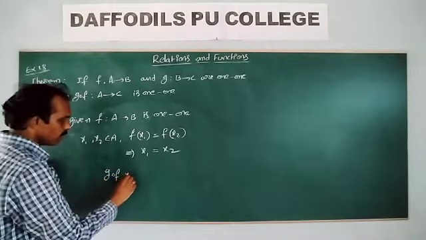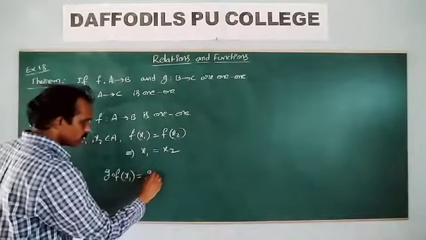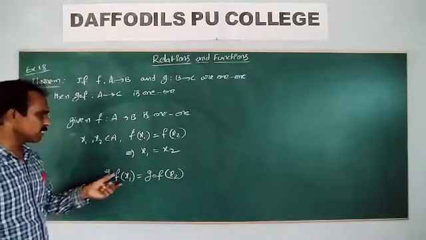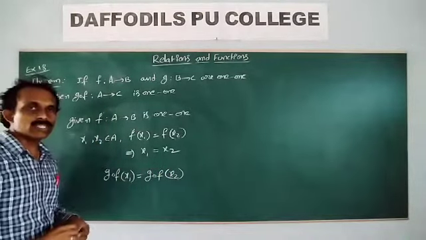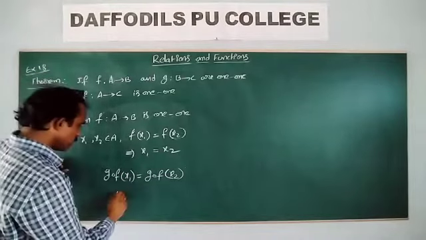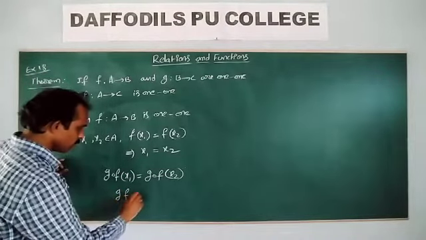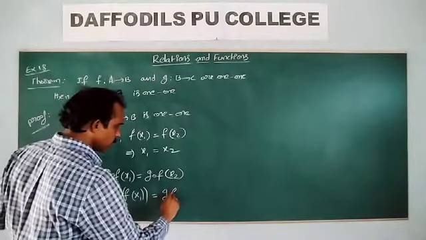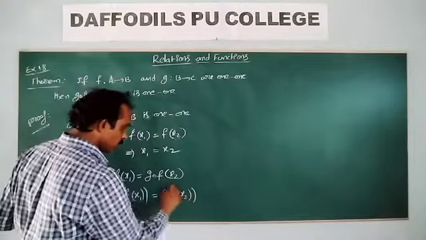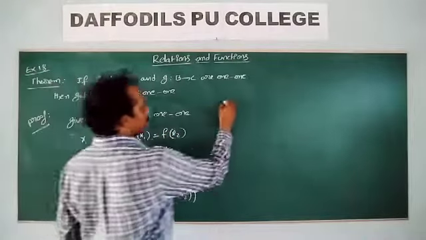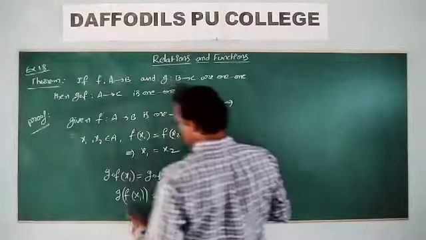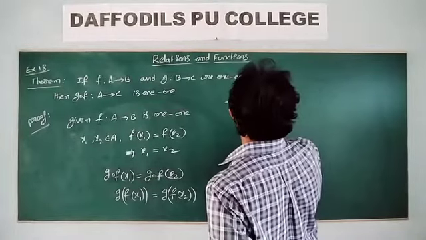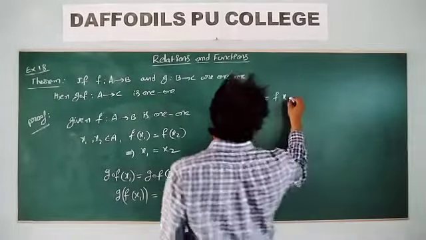That's why we take x1, x2 belong to A. Take g circle f of x1 is equal to g circle f of x2. Then this can be written as g of f of x1 is equal to g of f of x2, which implies f of x1 is equal to f of x2.